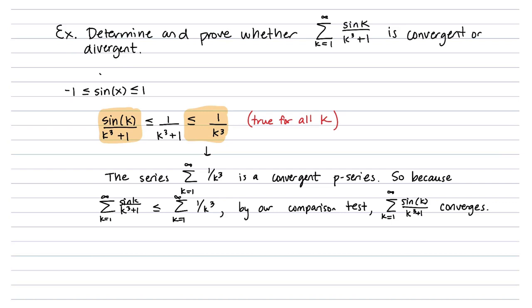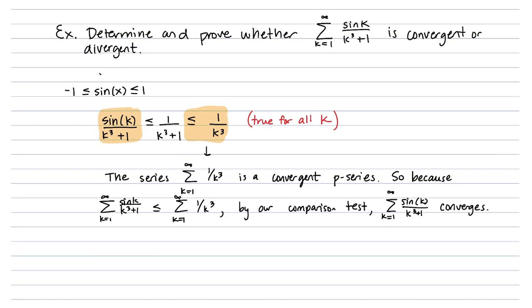The way that we didn't specify that the inequality was true for certain k values implies that. So when you write that inequality, you are implying that it is true for all k. Otherwise, you would have to specify. So it goes without saying the way we wrote it that it was true for all k, but you want to be confident before you use this comparison test that that inequality does have to be true for all k.